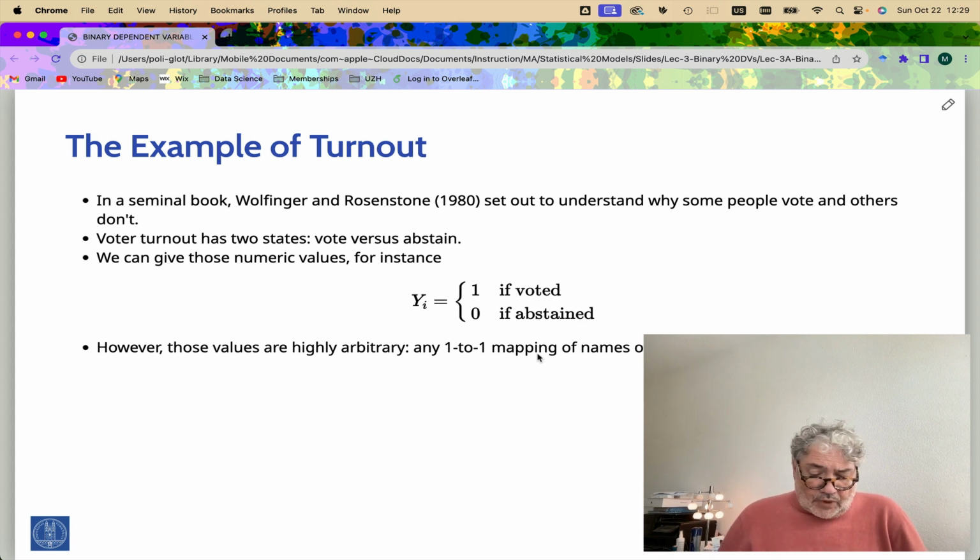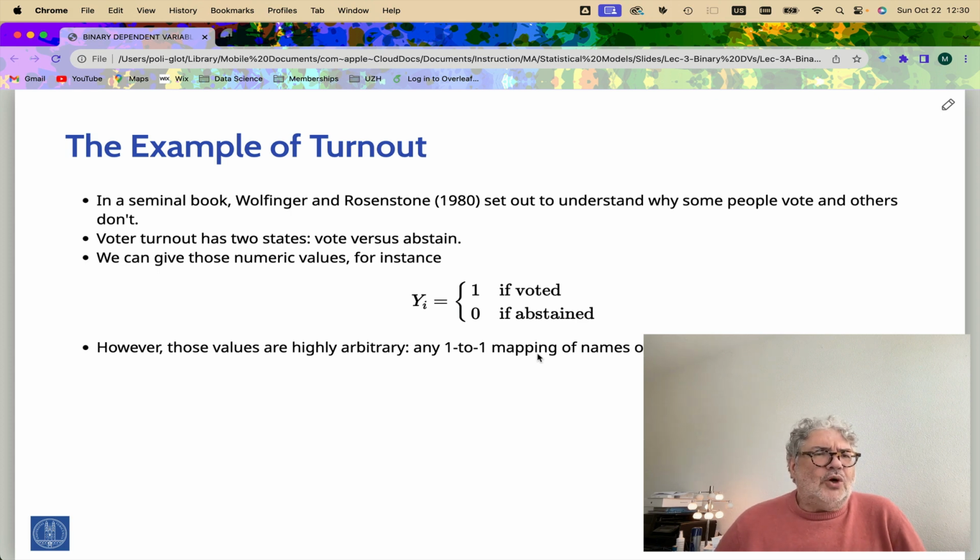But what we need to be cognizant of is that the actual coding of the dependent variable here is very arbitrary. The values here are really only there to distinguish voters from abstainers.